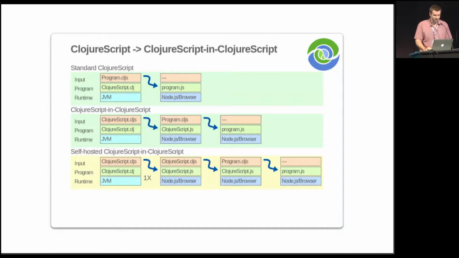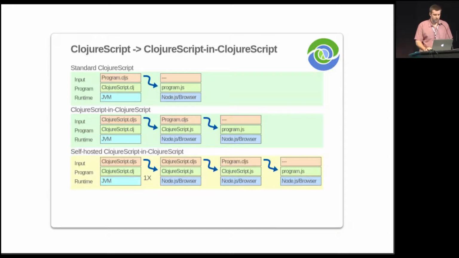But we're outputting, just like above, the same thing. Once we have this built, we can feed back in the same sources and hopefully get basically the same result, and do that as many times as we want. Basically, we've bootstrapped away from the JVM and from original Clojure. So in a sense this is really the end goal of ClojureScript in ClojureScript.